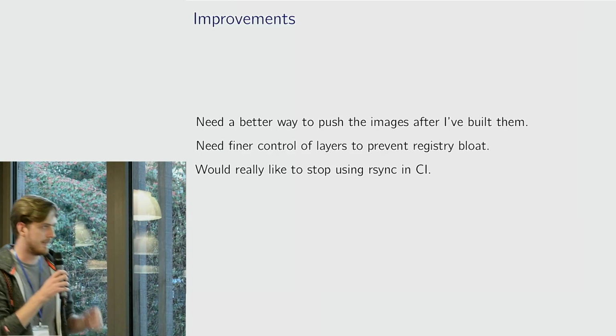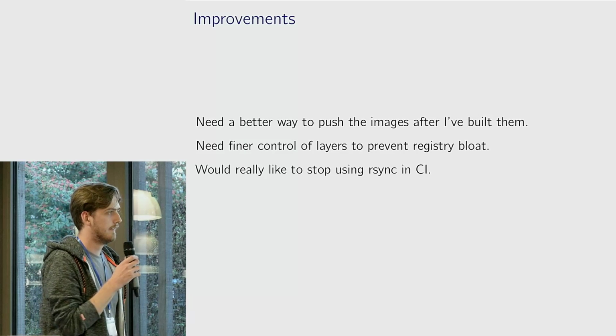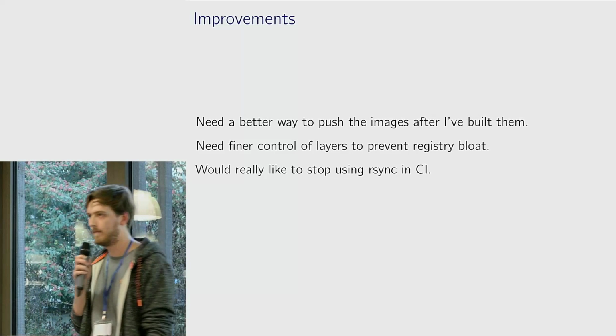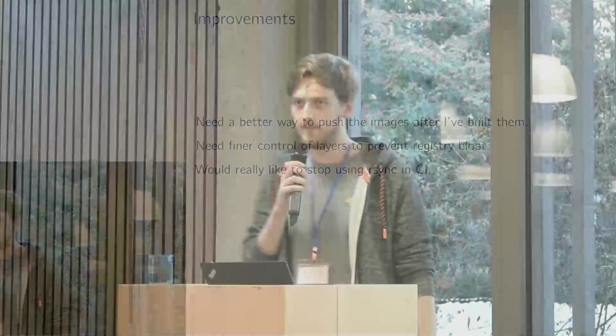Essentially, I've shown you the rsync thing. I'd like to find a better way to do that. The problem is I'm using GitLab CI, and it is not super compatible with Nix. So there are a few issues. One thing that really irritates me is the Docker sock thing.